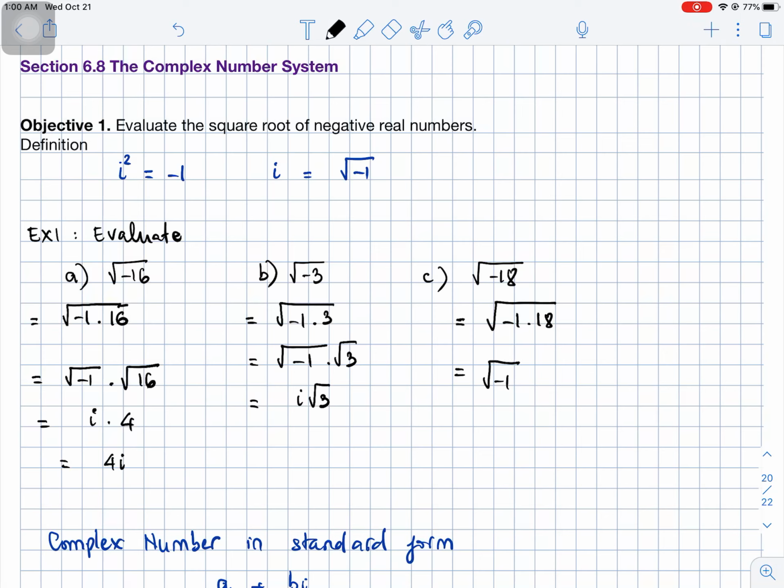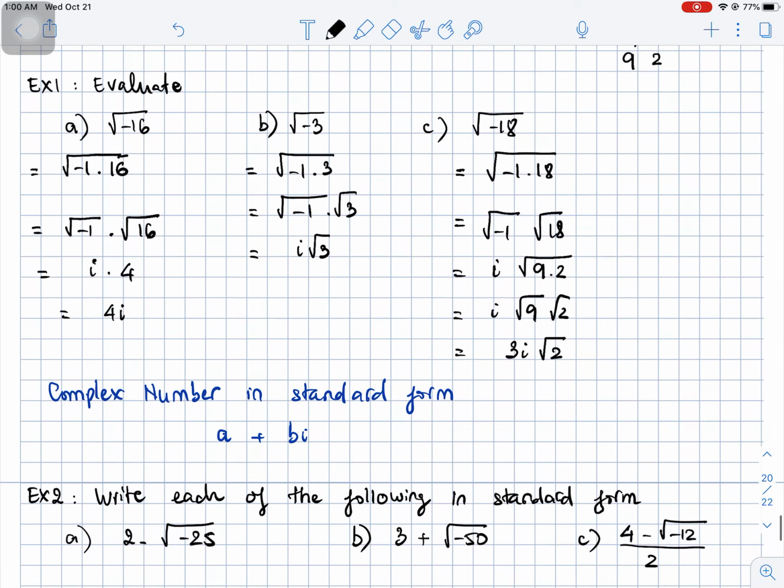In problem B, we do the same thing. We will separate the negative and the number, and then we use the product property to separate them. The square root of negative 1 is i, and we copy out the square root of 3. Similarly, for the square root of negative 18, we will separate the negative 1 and the 18.